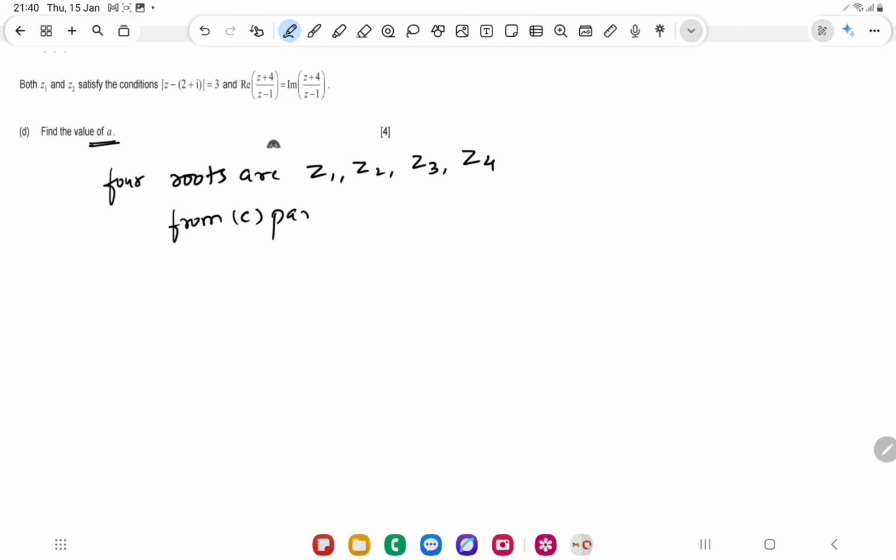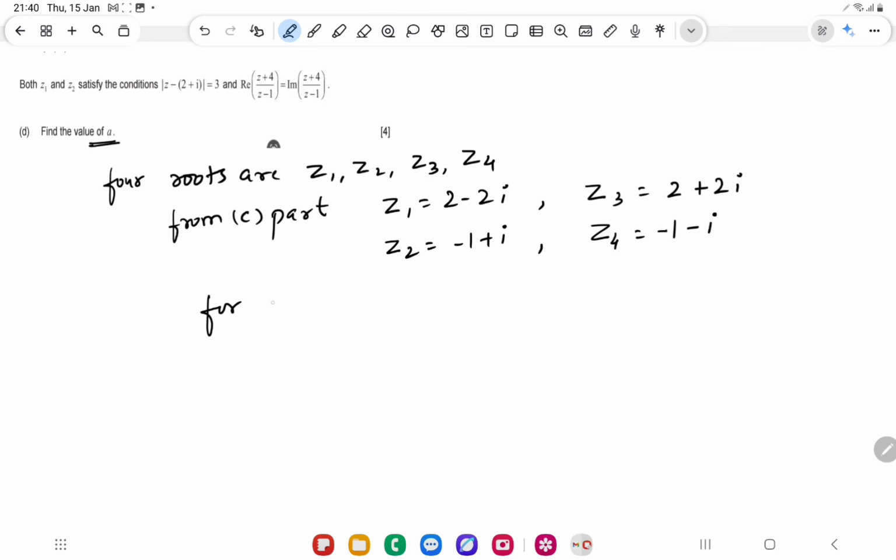And from part C, we got 2 roots: z1 was 2 minus 2i and z2 was minus 1 plus i. So another roots can be the complex conjugates, that is 2 plus 2i, and the complex conjugate of z2. So these are the 4 roots which I got.